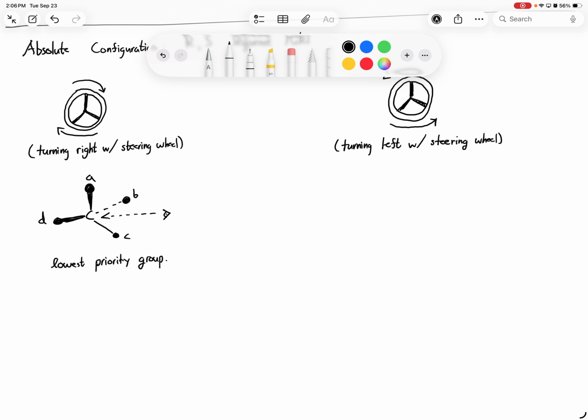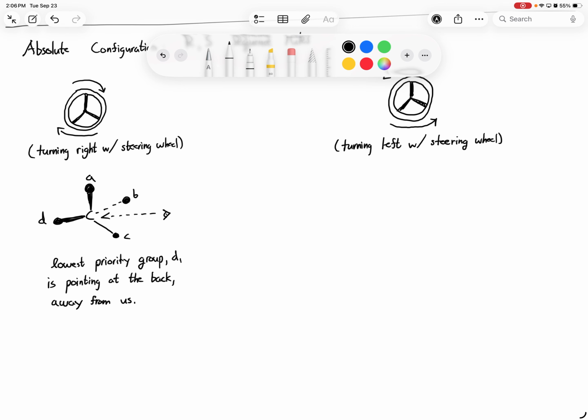Lowest priority group D is pointing at the back, away from us. All right. Okay. So the D group has to be pointing away.